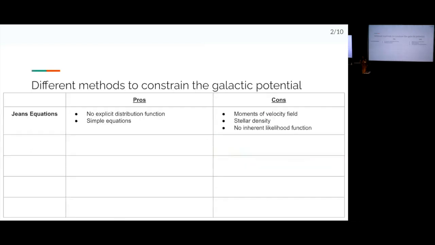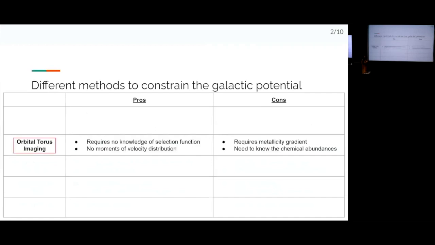So briefly, I'd like to just introduce you to some of the methods that we considered this summer. You'll hear more about the methods that I don't discuss in this talk in the next presentation, which is Juan's talk. But for Jeans equations, one advantage is that there's no explicit distribution function, so there's no explicit functional form that you need to use this method. But a disadvantage is that you have to know something about the underlying distribution of your population.